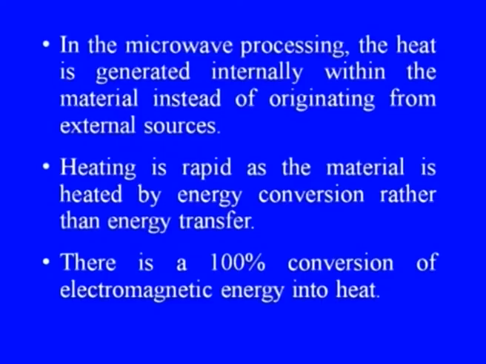In microwave heating, heating is rapid as the material is heated by energy conversion rather than energy transfer. This is what we have discussed now. In conventional heating, it is rather energy transfer from molecule to molecule, but here it is energy conversion from electromagnetic form into heat form.